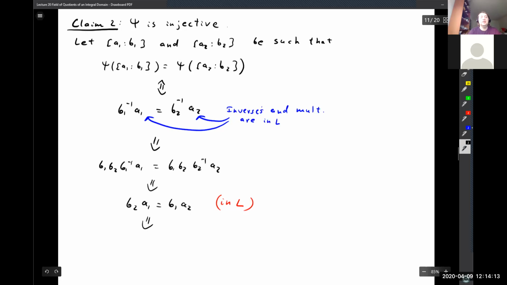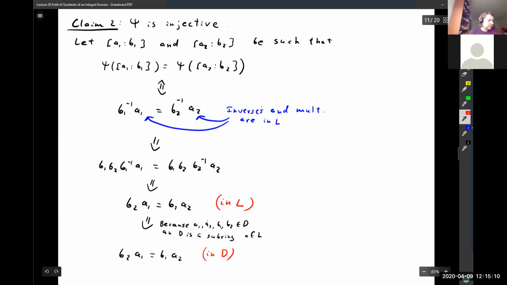But because A1, A2, B1, B2 belong to D, and D is closed under multiplication in L, that is, D is a subring of L, it would imply that B2 A1 equals B1 A2 in D as well.